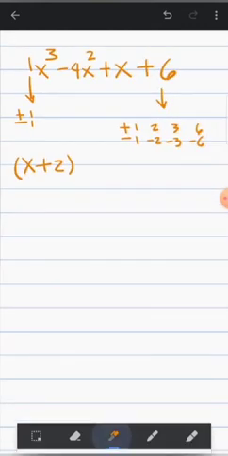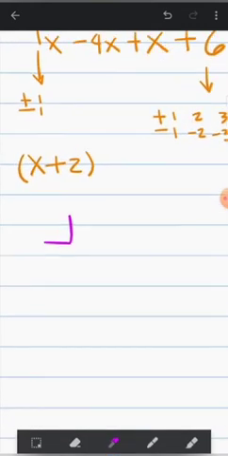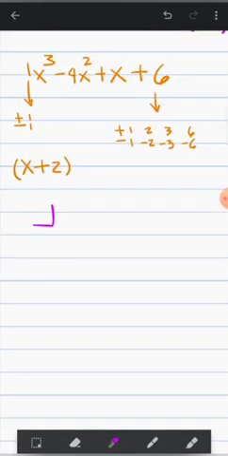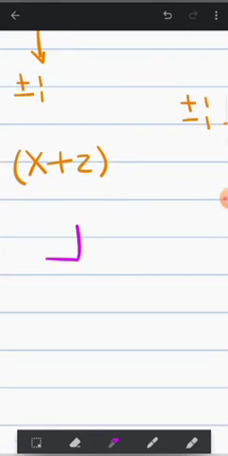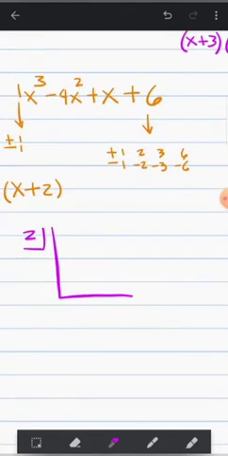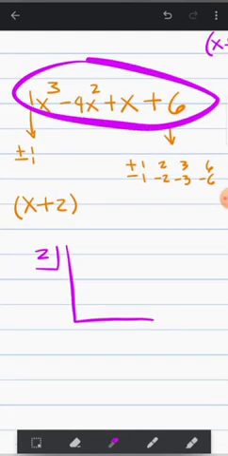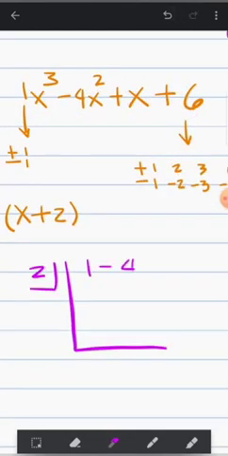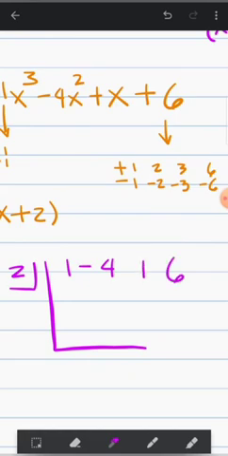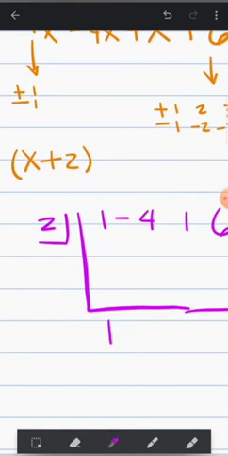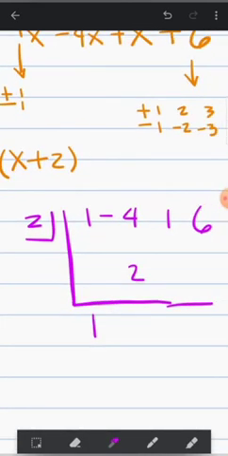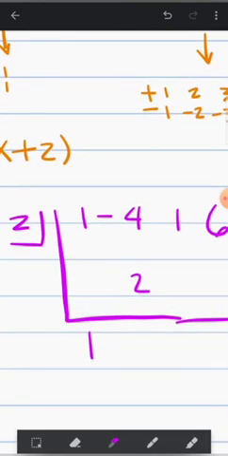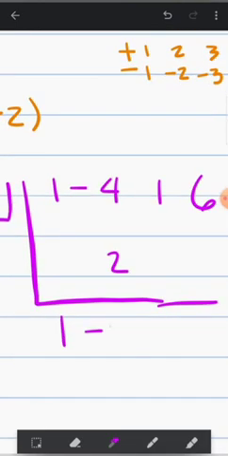So with that, we're going to use synthetic division to solve for the other factors. So 2, and then get the coefficients of this polynomial: 1, -4, 1, and 6. So bring down 1. 1 times 2 is 2. -4, you combine it with 2, so -2.